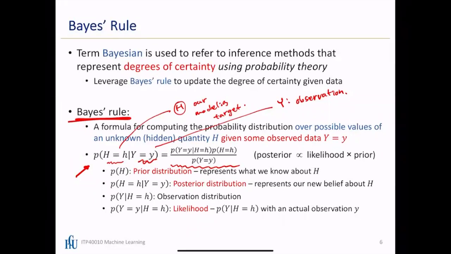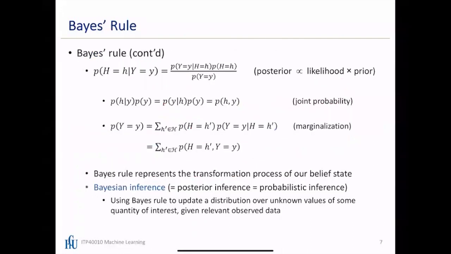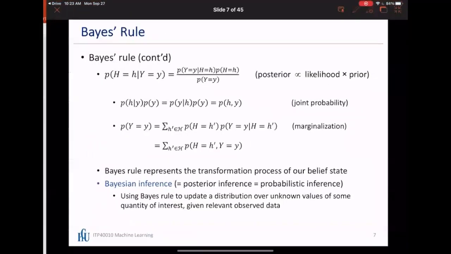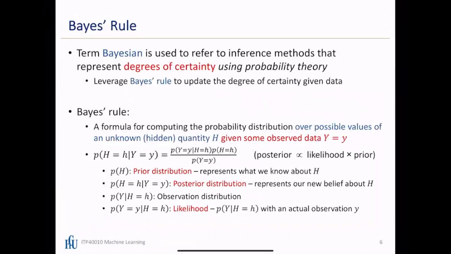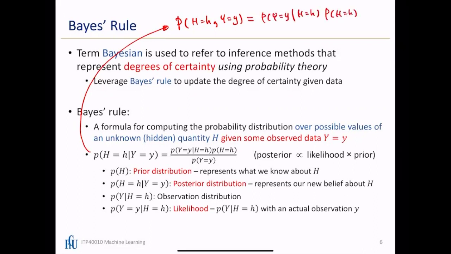So let's bring this to a clean sheet and think about this formula in this way. Initially you have this term, the joint probability. This is equivalent to this, right?